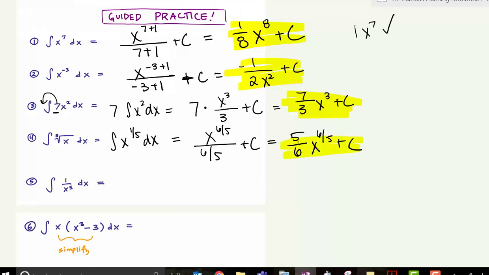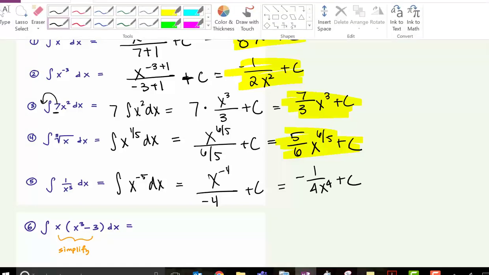Just following that rule. For 1 over x to the 5, I'm going to rewrite this as x to the negative 5. So again, when I integrate, I'm going to add 1. So I have x to the negative 4. This is all over negative 4 plus c. I'm going to rewrite this guy as negative 1 over 4x to the 4th plus c, just to keep all my exponents positive.